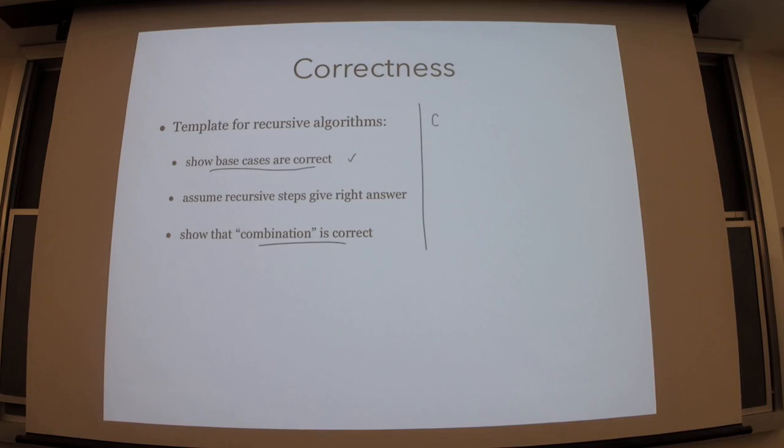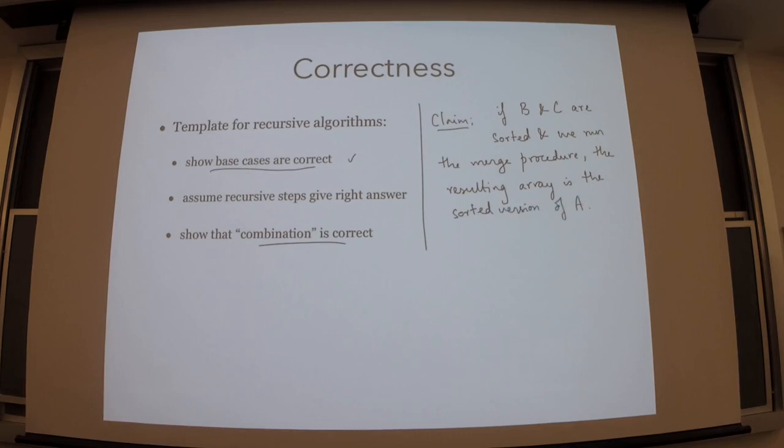So the claim is: if B and C are sorted and we run the merge procedure, the resulting array is the sorted version of A. Okay.